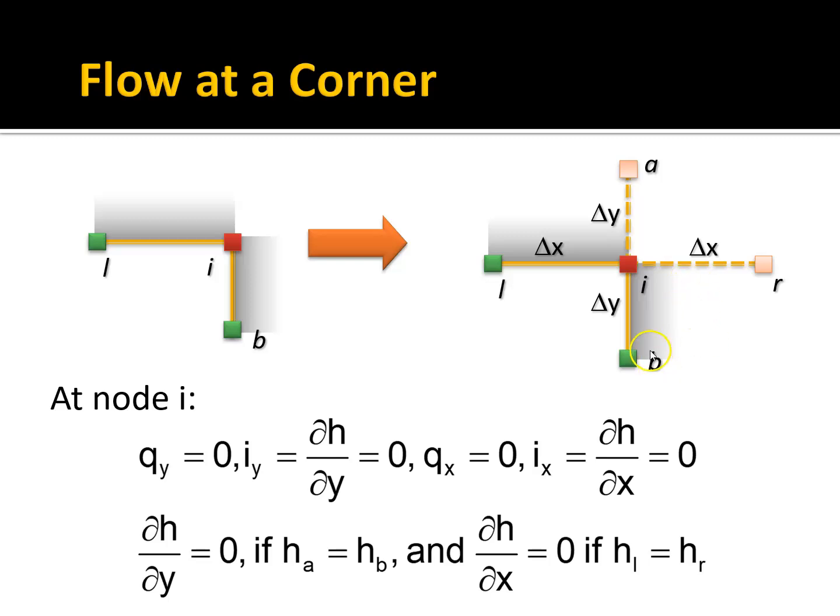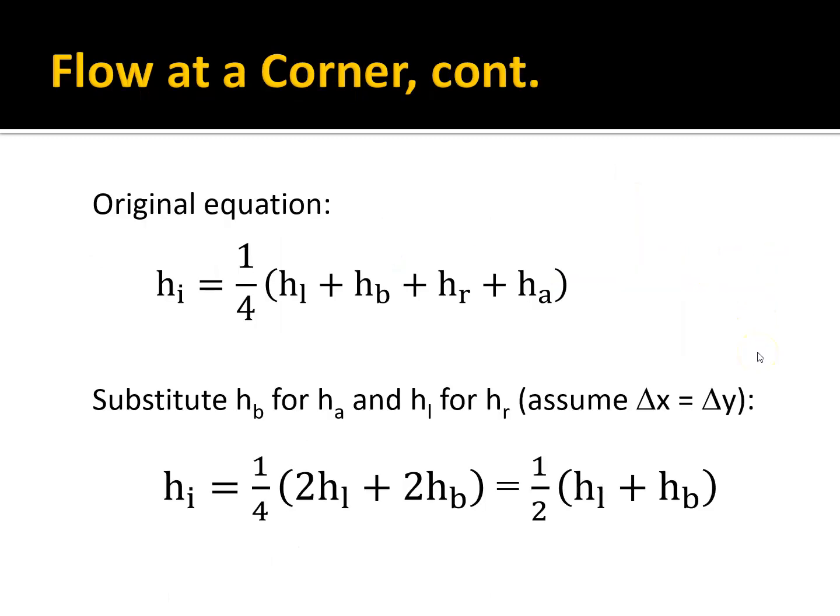And if the hydraulic gradient in the vertical direction is 0, that means H sub A is equal to H sub B. Delta H is 0. And in the horizontal direction, HL is equal to HR. So now if we go back to our original equation and substitute HB for HA and HL for HR, again we're using the simple form of the equation that has delta X equal delta Y, then we have H sub I is equal to 1/4 of 2 times HL plus 2 times HB, or 1/2 HL plus 1/2 HB.